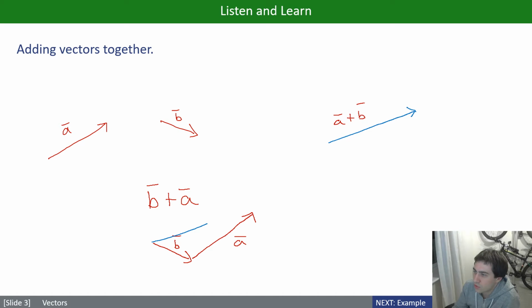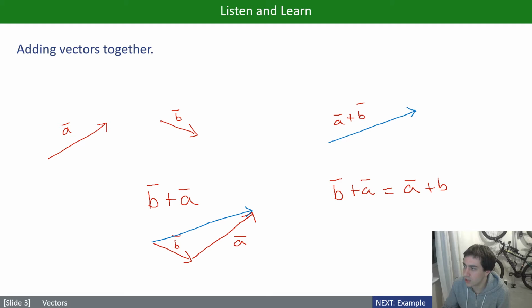And you can see if I draw from the start to the end, that looks pretty much the same as this, and in fact it is the same. So just like numbers, B plus A in vectors is the same as A plus B. That's an identity effectively, it's always the case.